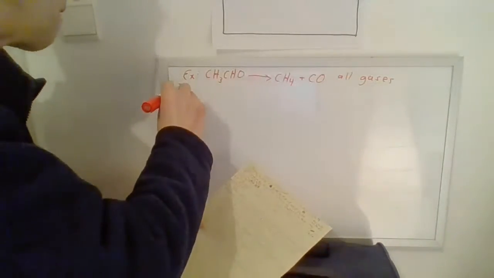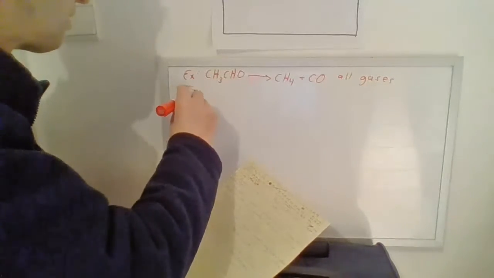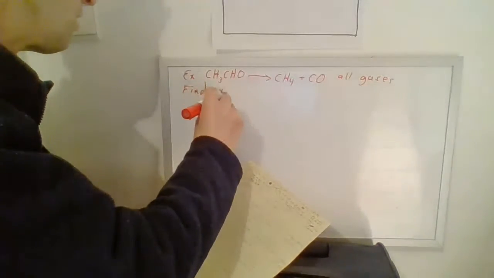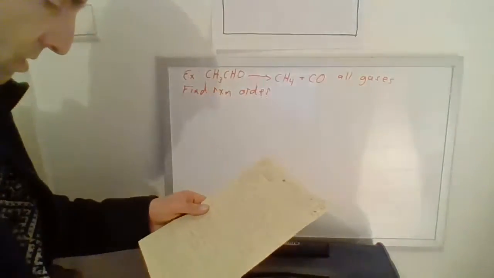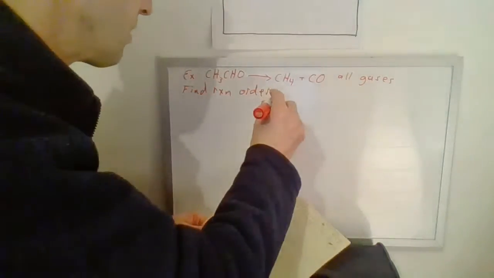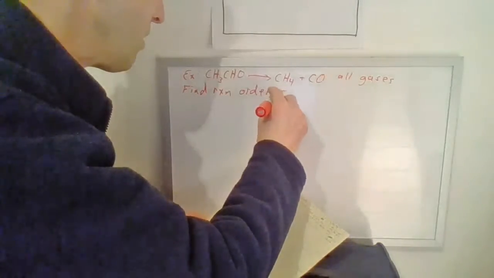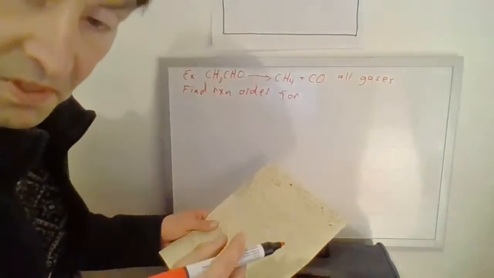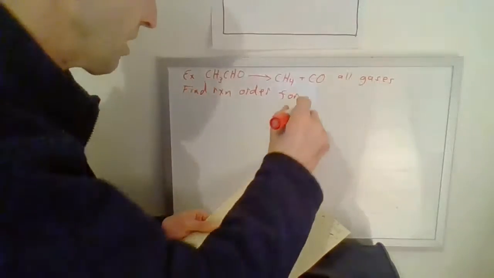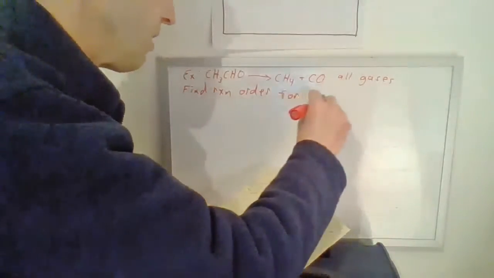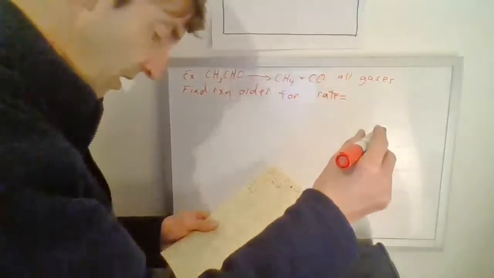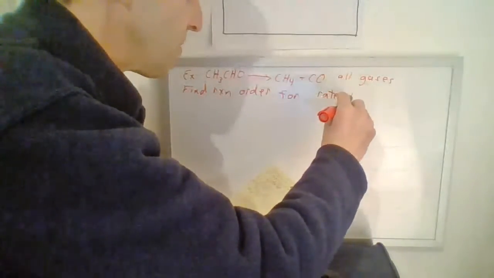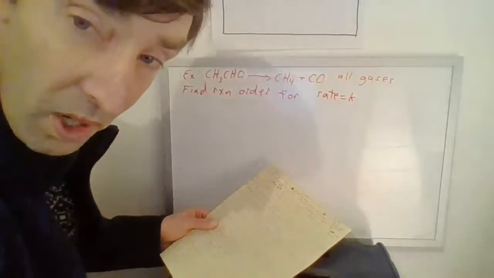So find the reaction order. For this rate, rate equals K times. All right, we only have one reactant, don't we?